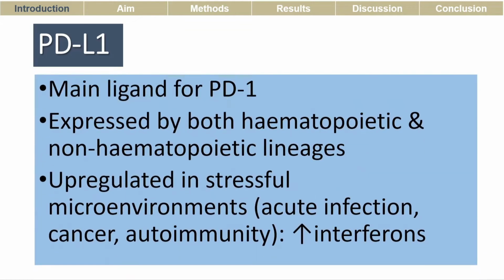PDL1 is expressed by both hematopoietic and non-hematopoietic cell lineages. It's upregulated in stressful microenvironments such as acute infection, cancer, and autoimmunity, in which it's mediated by the increased interferons, particularly interferon gamma, which is a central cytokine in vitiligo.